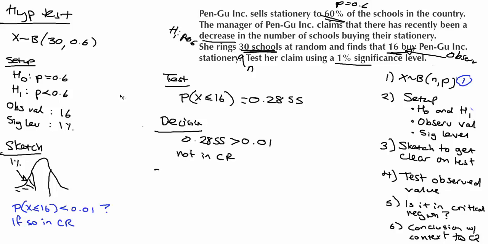So finally we do the conclusion. Okay, the conclusion is, oh, no reason to think that. Accept H0. So we're saying, yeah, it's all good. We haven't seen anything too nuts or too crazy. Accept H0.